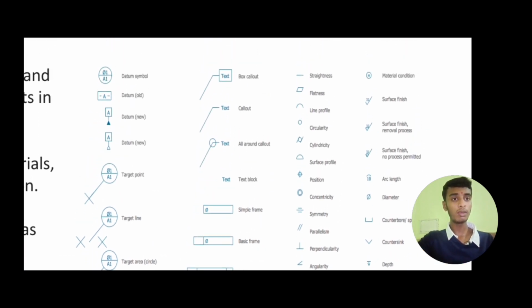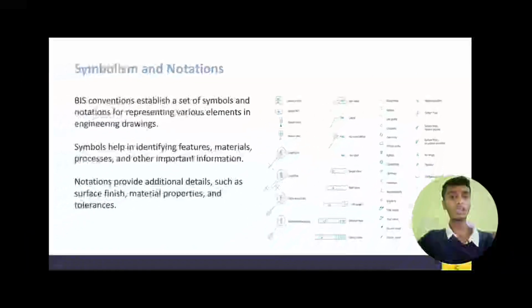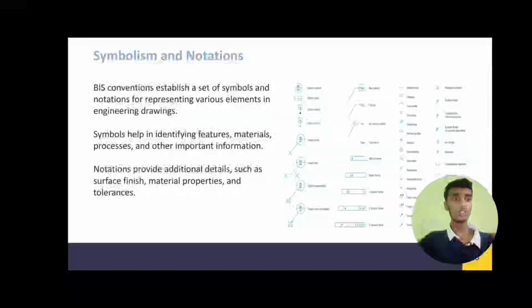And line profile, surface profile, flatness, straightness, text box, etc. These are the symbolism and notation used in engineering drawing.